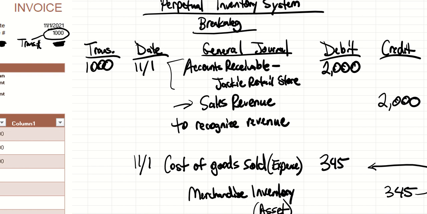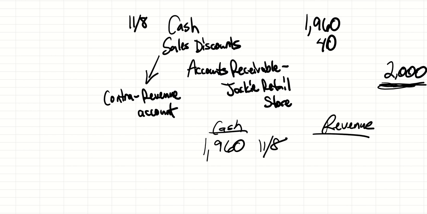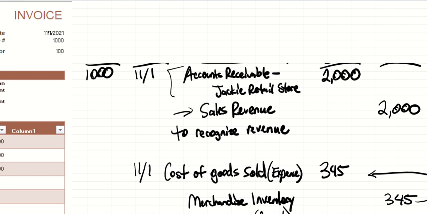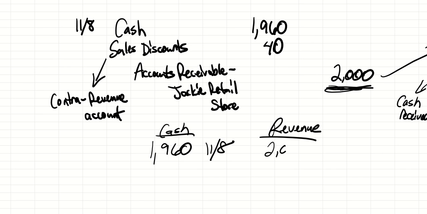So when a discount is applied, whatever the cash amount that's received, the revenue that was recorded initially should also match that cash amount. So we see here cash of 1,960, that's recorded on 11/8. Revenue needs to match that as well. So when it comes to revenue, we're going to take the sales revenue amount that was initially recorded on November 1st of $2,000. I'm going to put that here, $2,000.